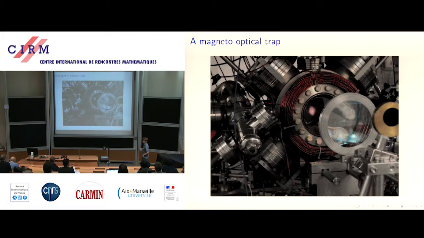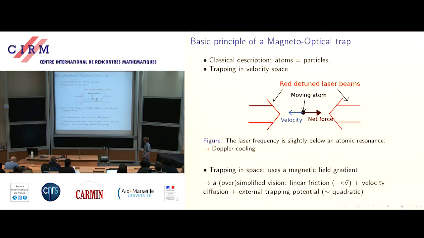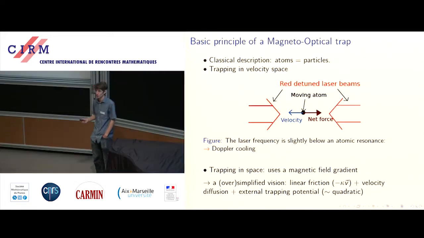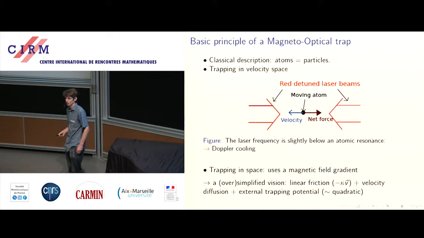This is called the Magneto Optical Trap, because the atoms are trapped by the combined effect of the lasers and the magnetic field. So we'll start, as you have understood, with a little bit of physics. Here's the basic principle. The scheme is much simpler than the previous experiment; it's a very simplified version of all that's going on in the experiment.